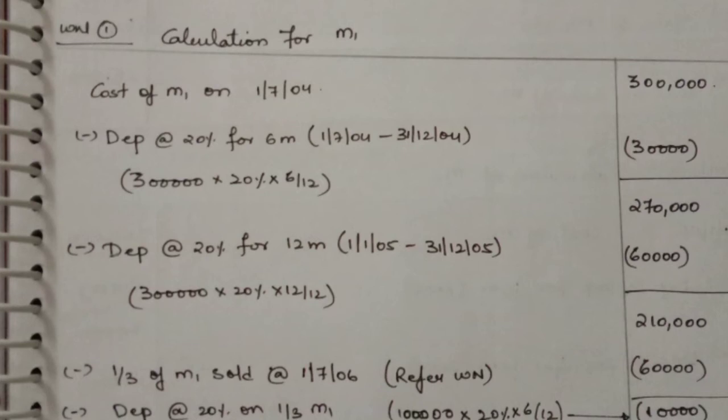So for these 6 months we need to take the depreciation on the 1/3 portion of machinery 1. For the 1/3 portion you need to calculate the depreciation at the rate of 20% for 6 months.